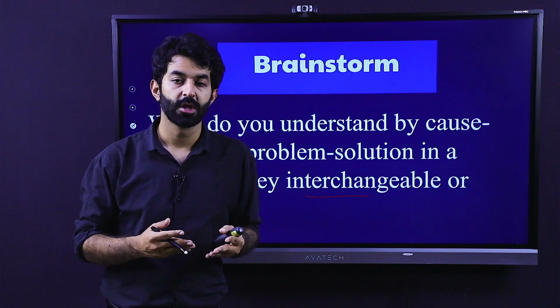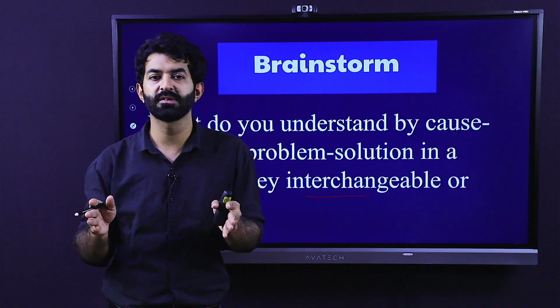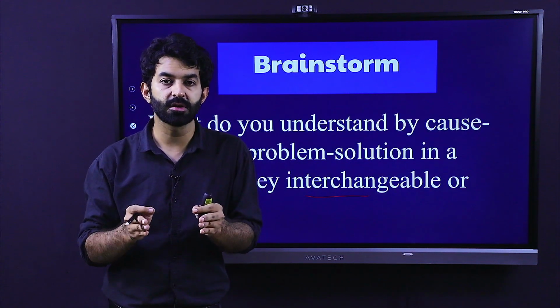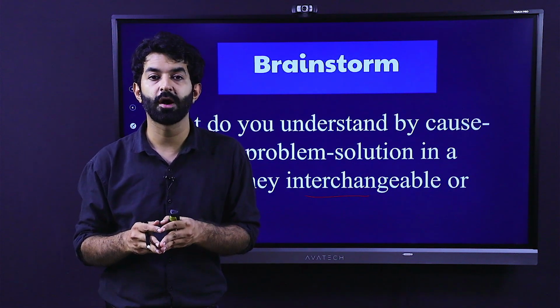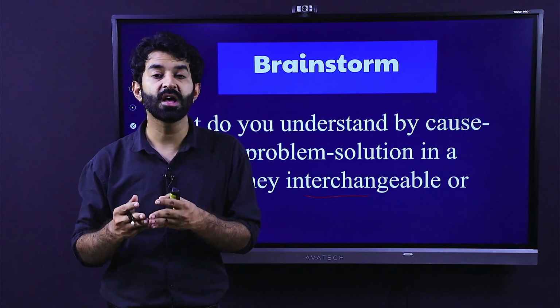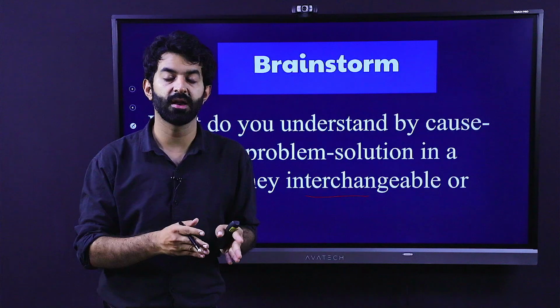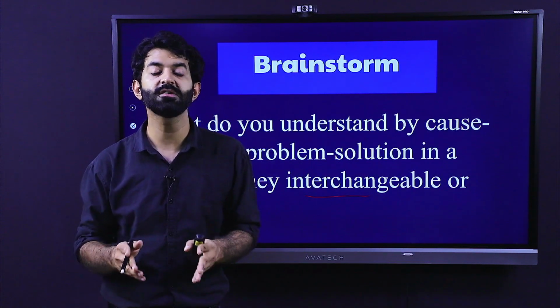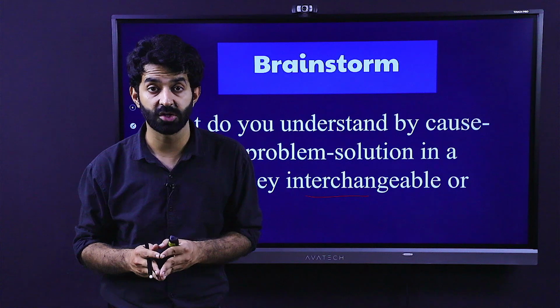So when you find this kind of organizational pattern where the writer or the author is talking about a cause and then identifying the results of that cause occurring, then that would be classified as cause effect organizational pattern.